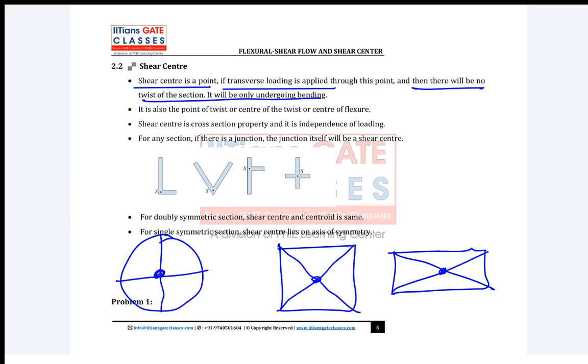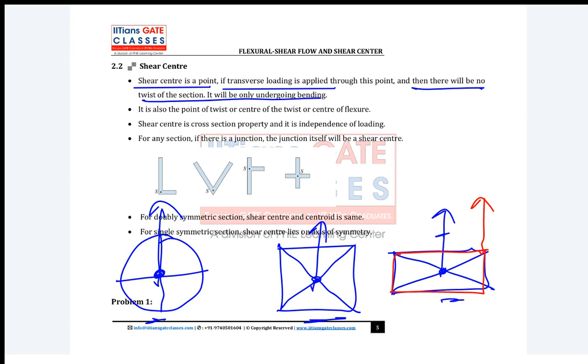If you apply loads through this centroid, the section will just bend, right? There will be no twist. But suppose instead of here, I apply my load here. For this rectangular section, what is going to happen? Can anyone tell?